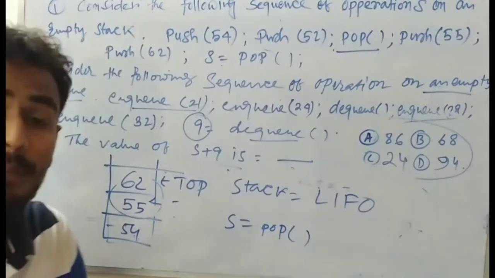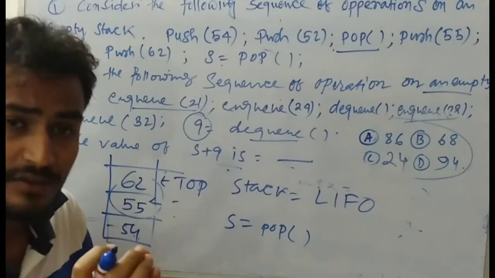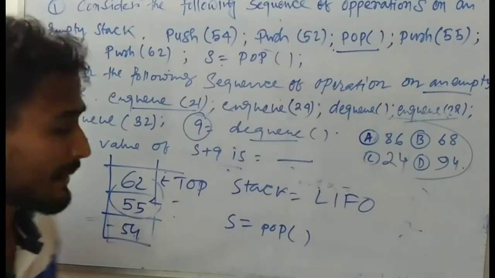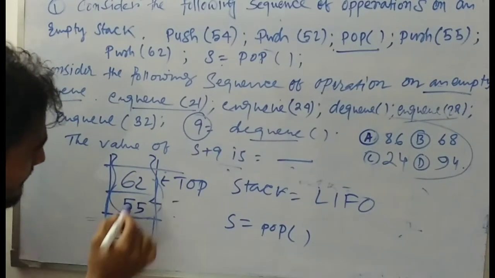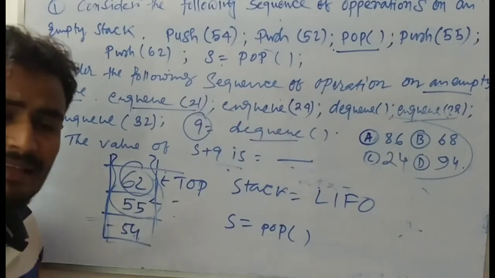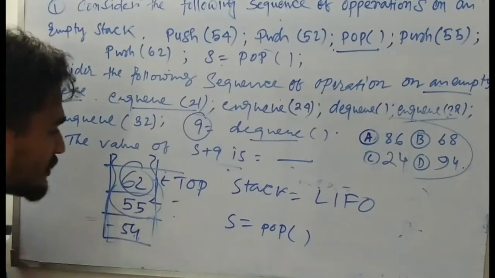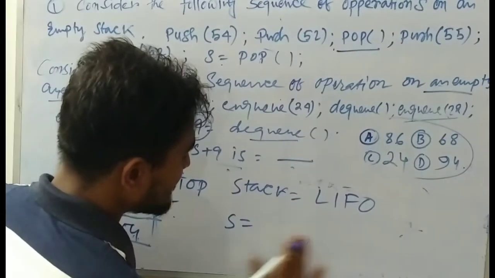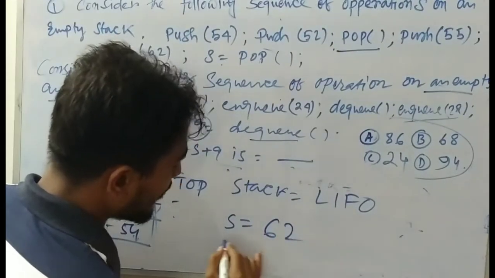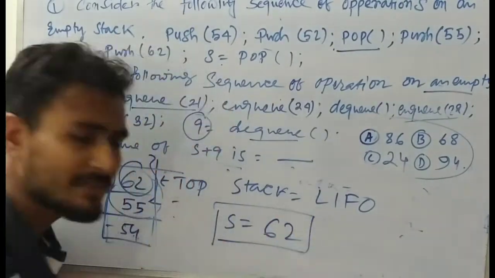Which element is popped? This is assigned to the variable S. The last element inserted is 62, so 62 is popped and I assign it to the variable S. So S is 62.